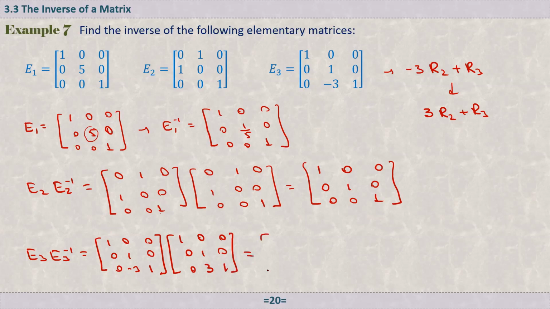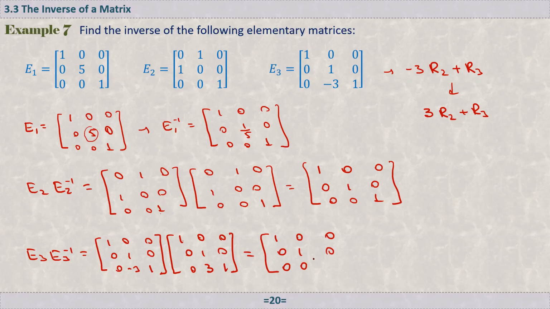So if you multiply this, for example, here the first one, 1, 1, no problem. And the rest is 0. And here we have 0. Second row, 0, 0, 0. So it is 0. And 1, 1. It is 1, it's 0. How about the third row? 1 times 0, 0, 0 times -3, 0, 0 times 1, 0. So here we have 0, no problem. 0 times 0, 0, 1 times -3, -3. 3 times 1, it is 3.